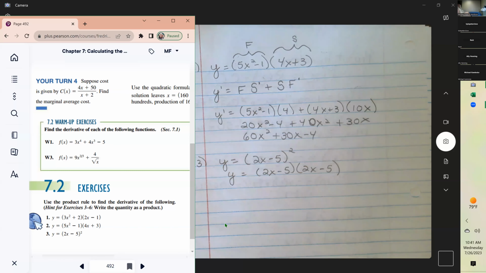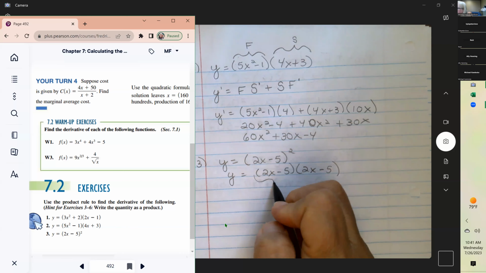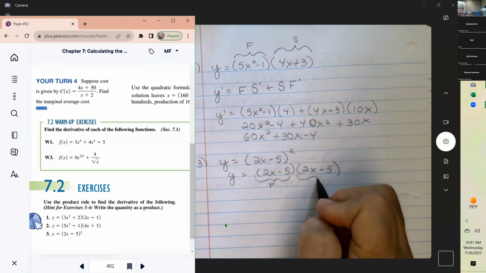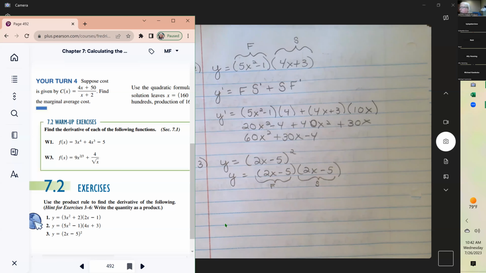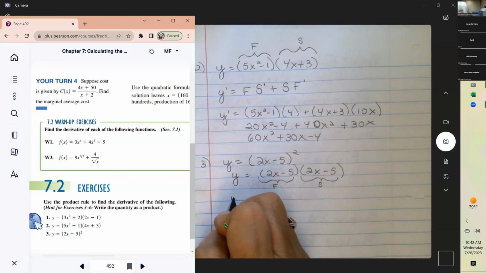So it would be 2x minus 5 times 2x minus 5. Go ahead and take the derivative.